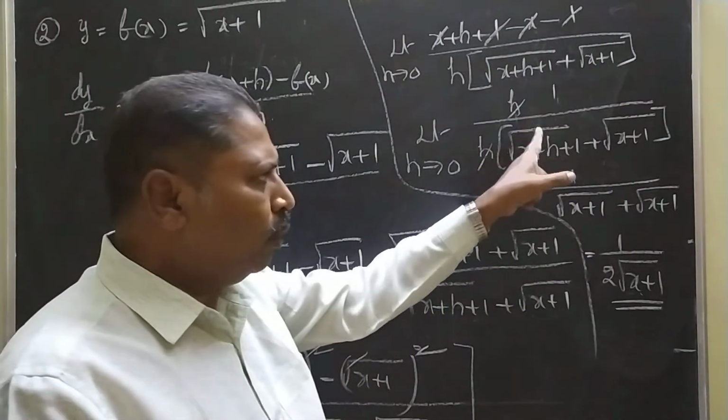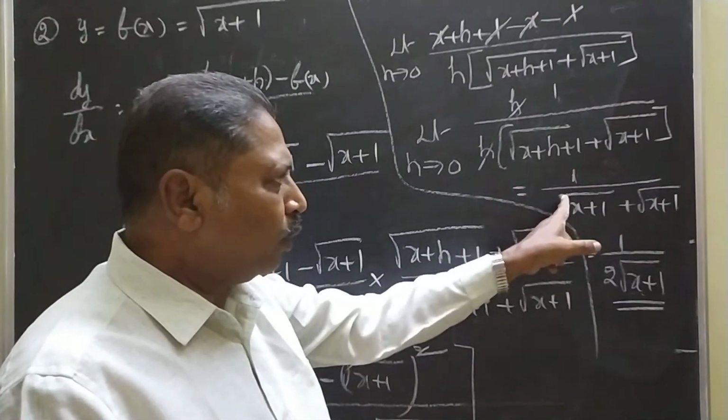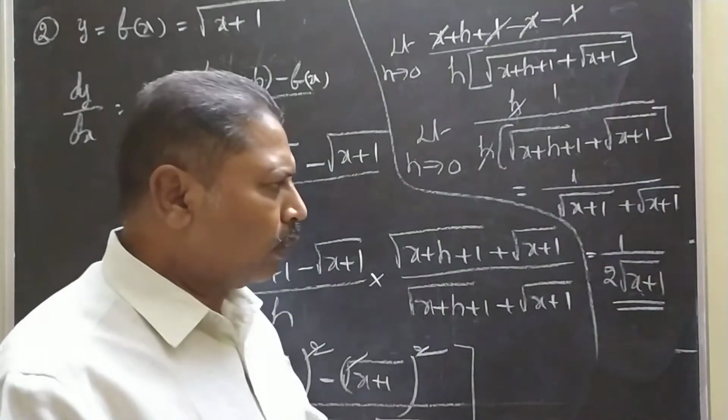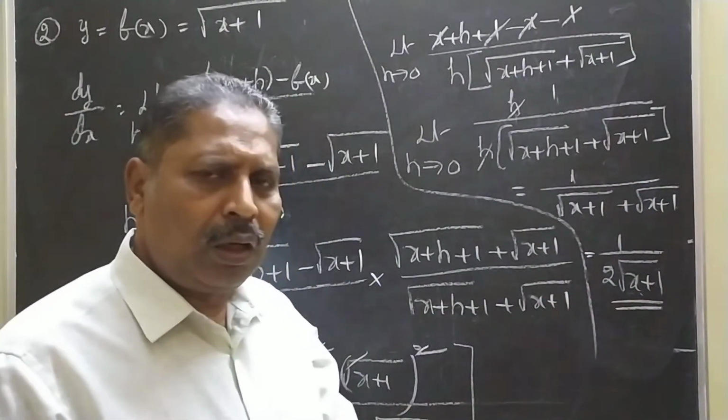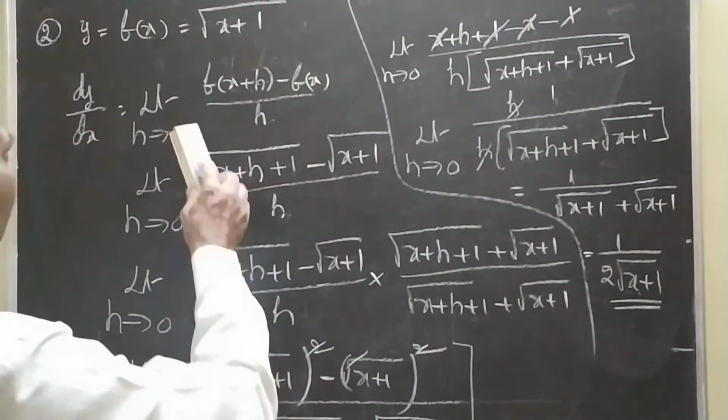H cancels. Put h value 0: under root x plus 1 plus under root x plus 1, which is 2 times under root x plus 1. So this is the answer.